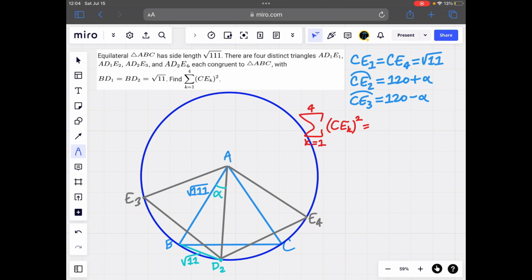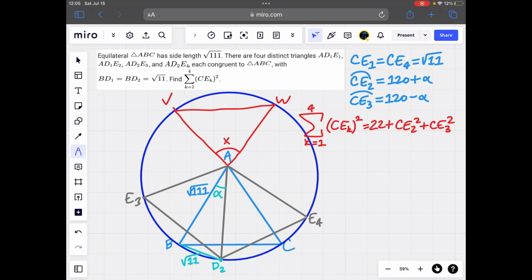So we can write the sum from k equals 1 to 4 of CEK squared as simply CE1 squared plus CE4 squared, which is 11 plus 11, or 22, plus CE2 squared plus CE3 squared. And we can easily find these CE2 squared and CE3 squared based on the arcs. So if we have points, say, V and W on this circle, then we can find VW squared in terms of their arc, x.